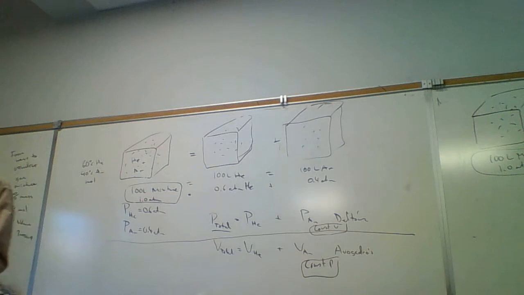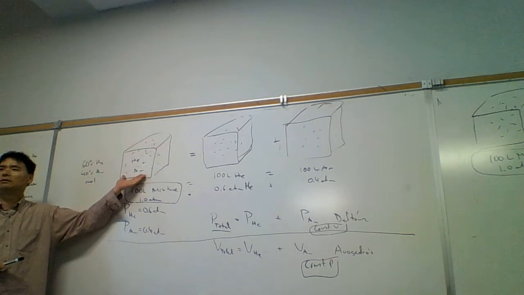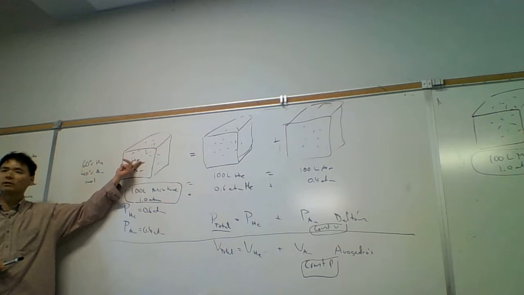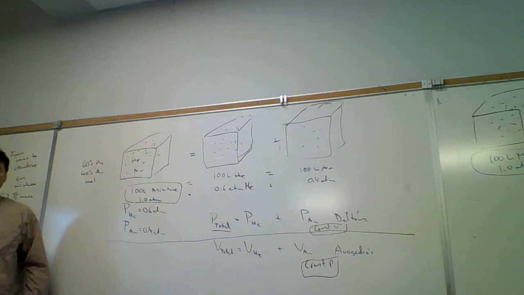But if you say 100 liters of helium, then you can't say it's at 1 atmosphere. You have to say it's at 0.6 atmospheres. And if somebody asks how much argon, I have 100 liters of argon, because the argon can go anywhere in that box. But you can't say it's at 1 atmosphere. You have to say it's at 0.4 atmospheres.